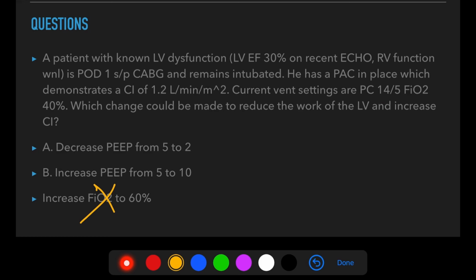So our LV does well with elevated PEEP. Increased PEEP decreases the transmural pressure. So increasing PEEP is going to help out our LV. It could harm our RV, but in this question we were given that the RV was just fine. So the correct answer here is B, increase PEEP from 5 to 10.